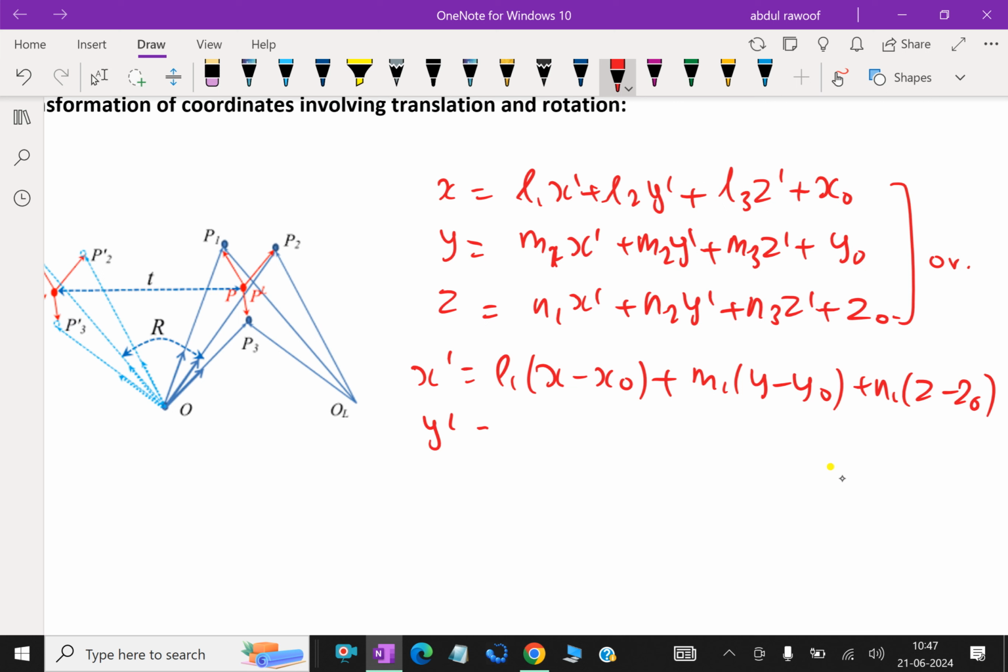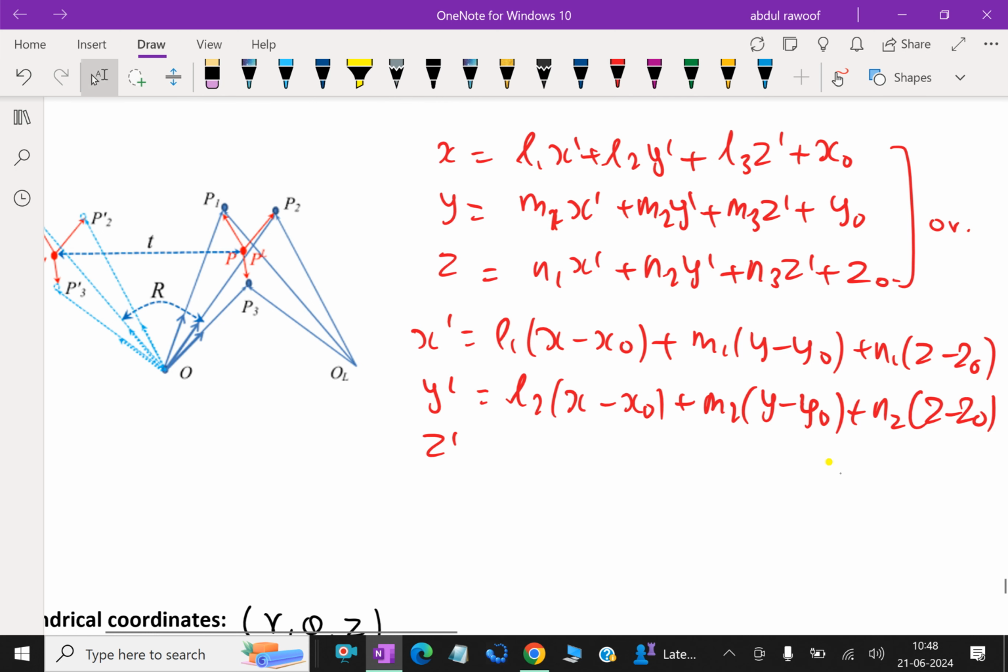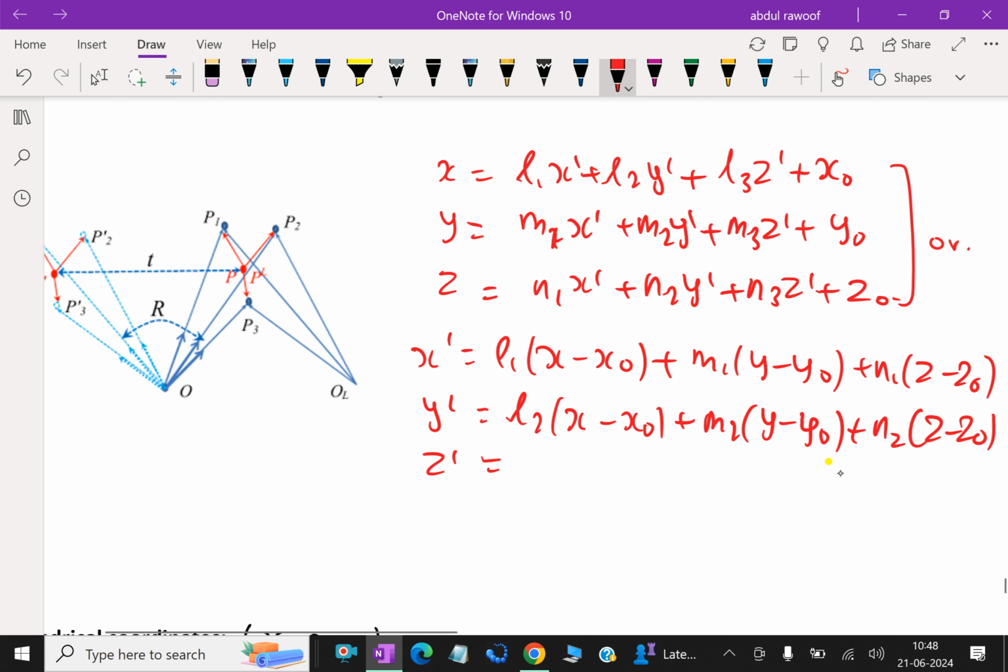Same for y dash equals L2 times x minus x0, plus M2 times y minus y0, plus N2 times z minus z0, and z dash equals L3 times x minus x0, plus M3 times y minus y0, plus N3 times z minus z0.